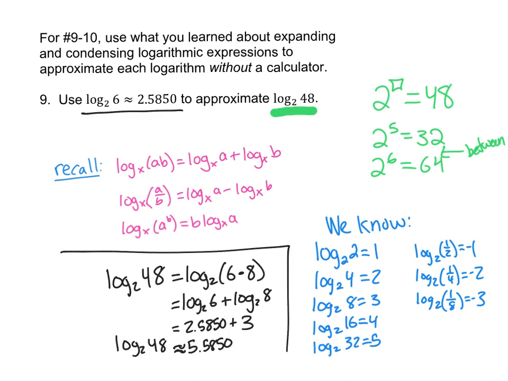That makes sense because I knew that I needed it to be between 5 and 6, which we showed over to the side. And I could check it on a calculator by typing log of 48 over log of 2 using the change of base. If you do check it on a calculator, don't forget that you will need to put a parenthesis around the 48 to close the parentheses in the numerator.